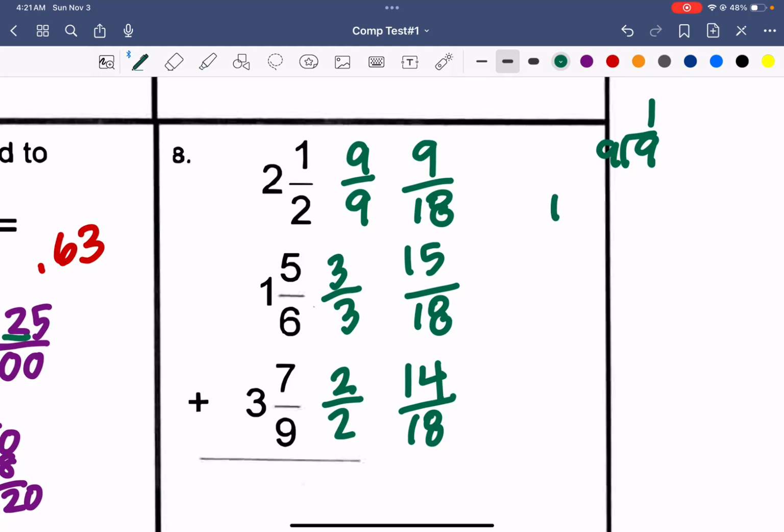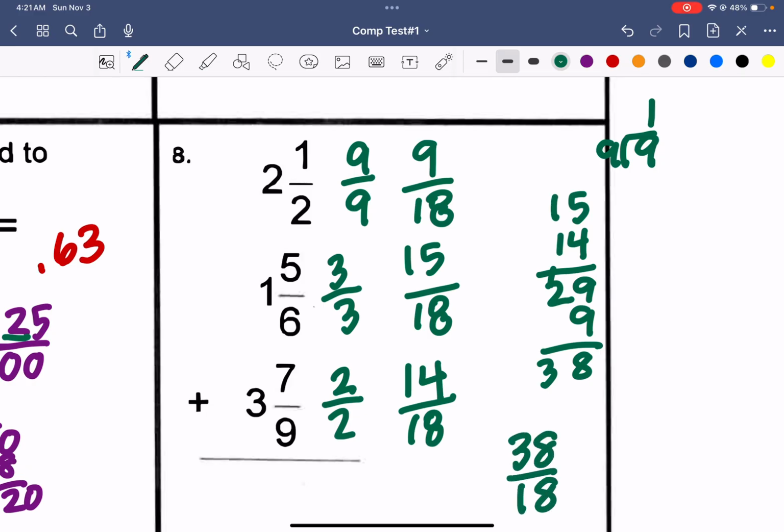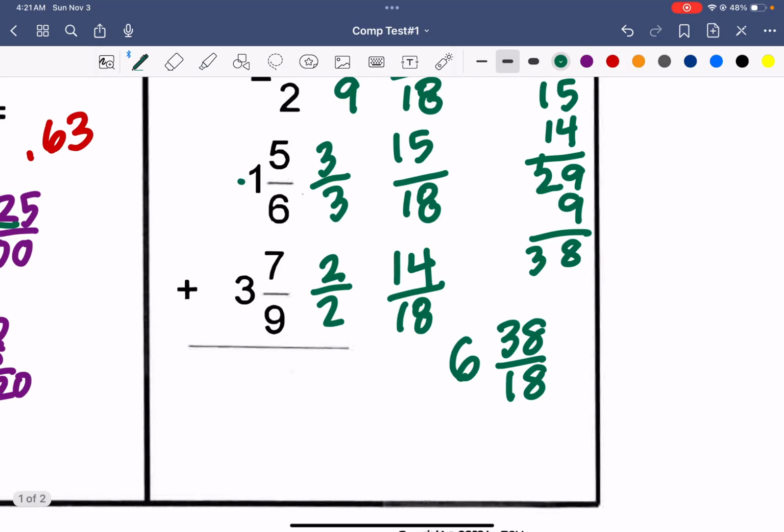So 15 and 14 is 29. Oh, plus 9. So this is 38 over 18, which is greater than 1. And then I have the 2. I have 6 over here. I can't leave it like this. What you're going to do is take out 1s.